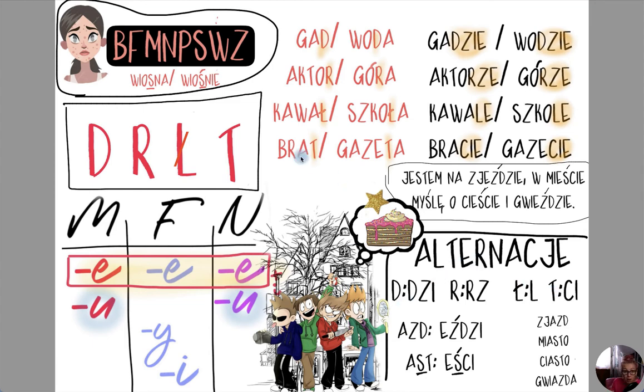So if you're thinking about brother, brat, bracie, or about a newspaper, gazecie. So again, we would drop the a, look at the last consonant t, and that would become cie. So o gazecie, myślę o gazecie.